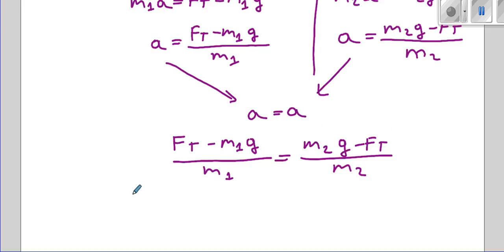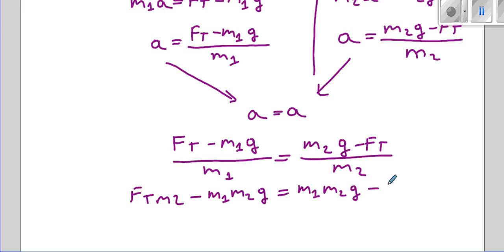What that turns out to be is Ft M2 minus M1 M2 g, and then a similar thing on the other side, M1 M2 g minus Ft M1.